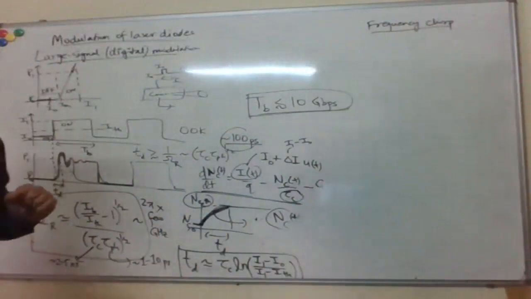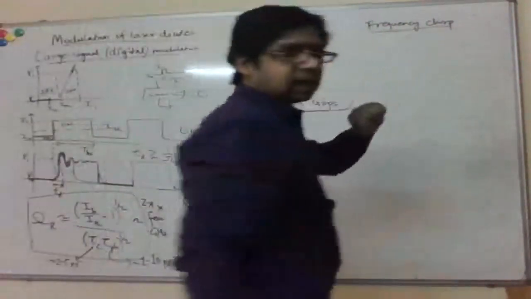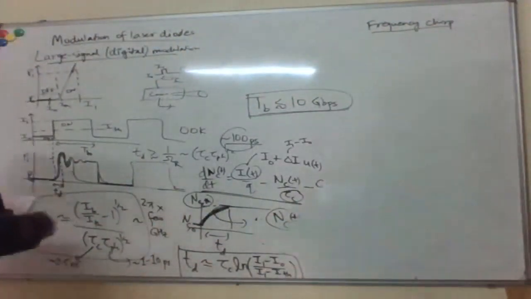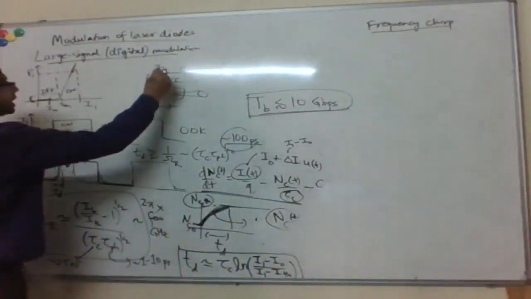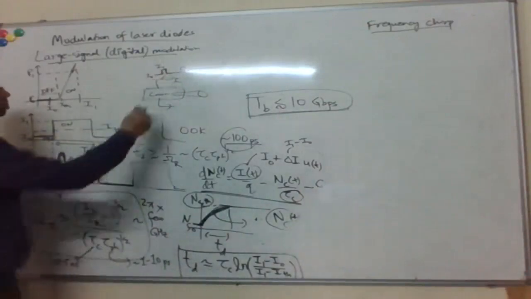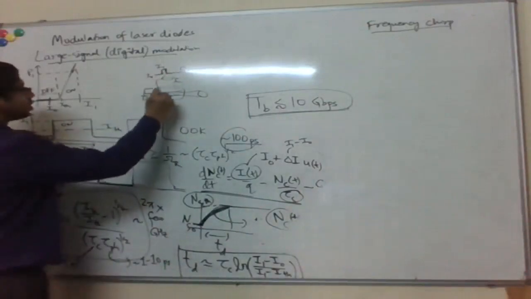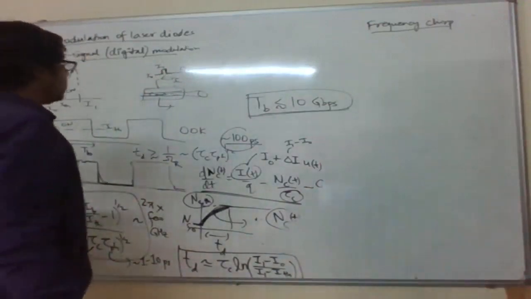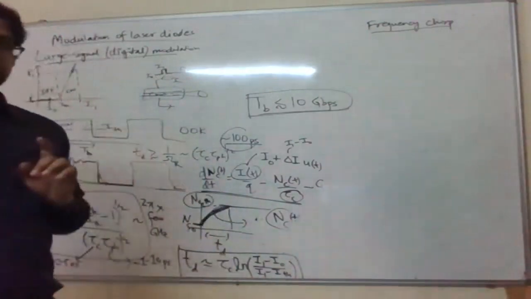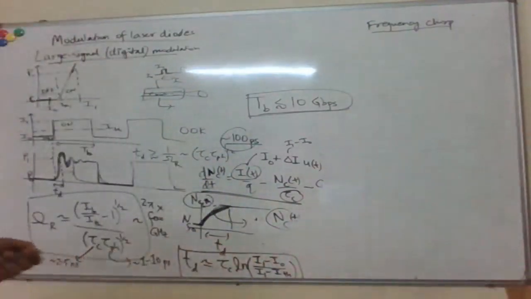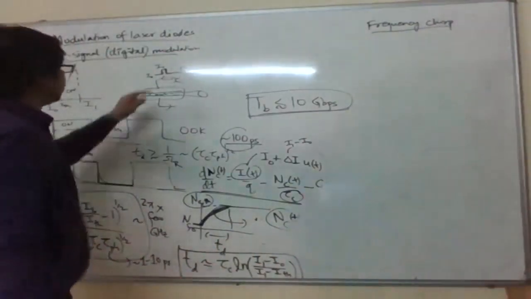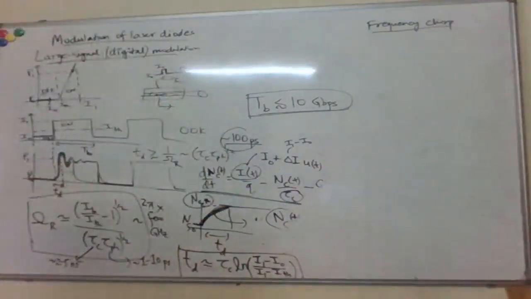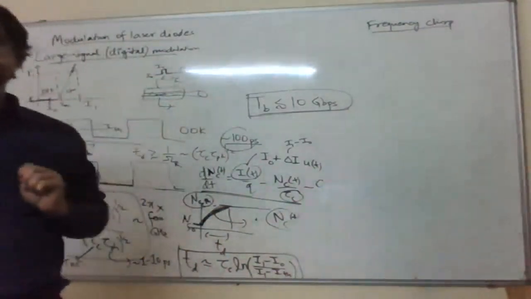The pulses that you get also have some chirp on them, and that fundamentally is coming because when you are sending current into the device, you're sending carriers, electron hole pairs, into your active region, and the refractive index actually depends on the carrier concentration. So when you're changing the number of carriers, you're changing the refractive index of this medium slightly.